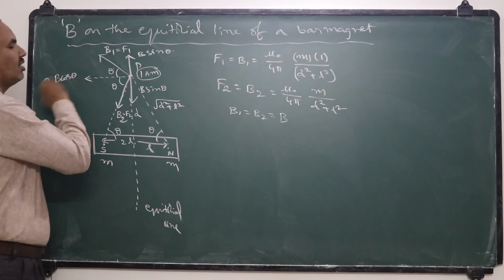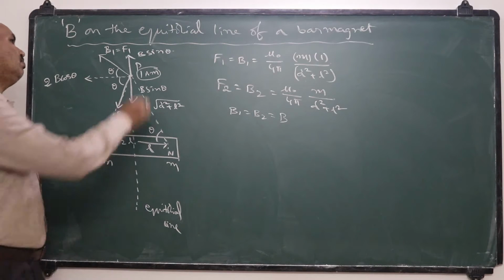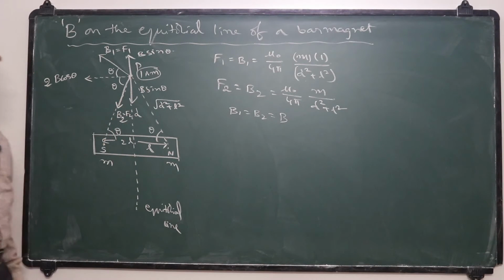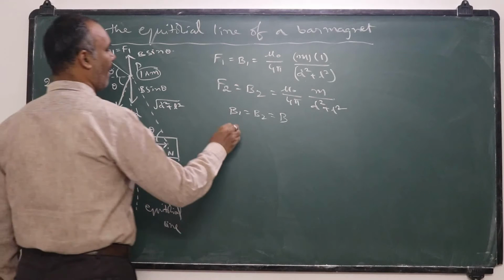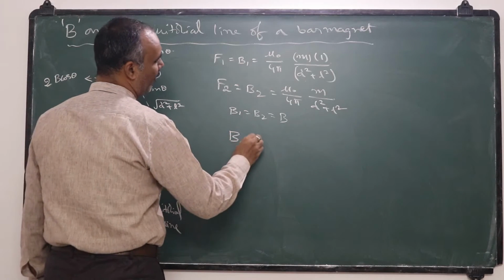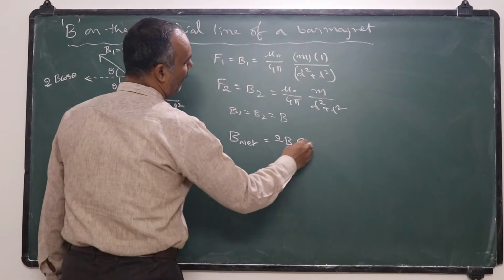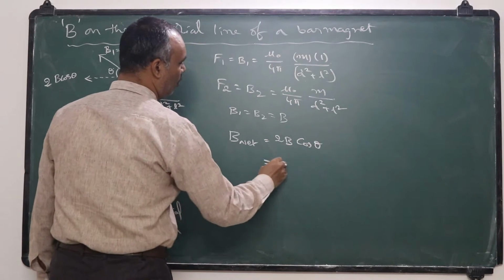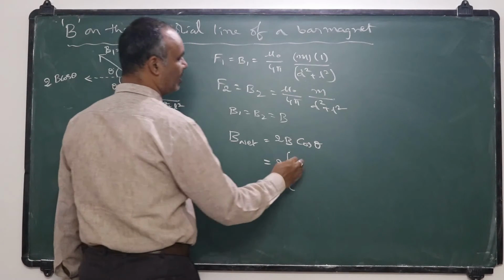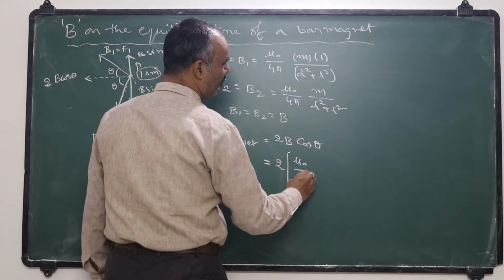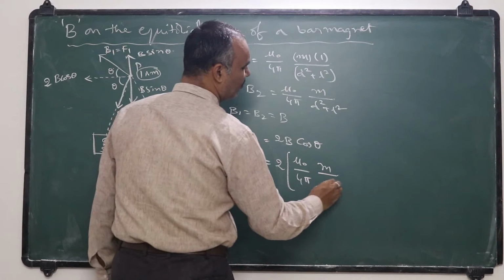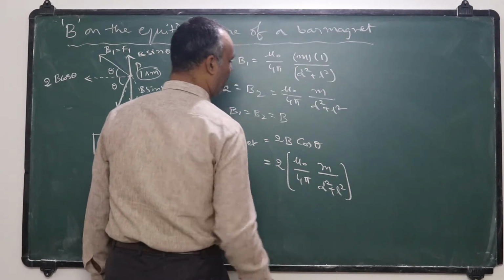So 2B cos theta will be acting this side, and the B sin theta gets cancelled. So the net magnetic field B net is given by 2B cos theta. B we just calculated as mu naught by 4 pi into m by D square plus L square, times cos theta.